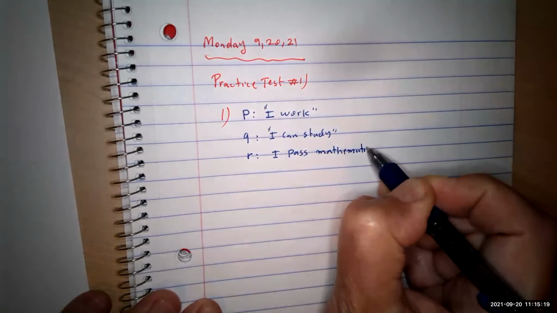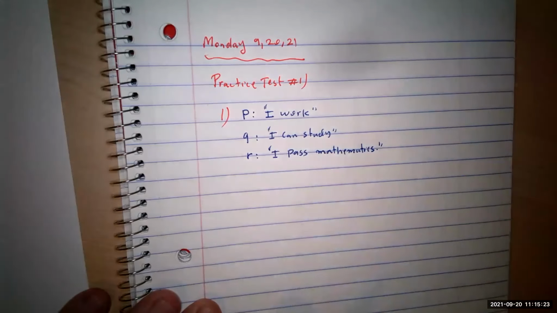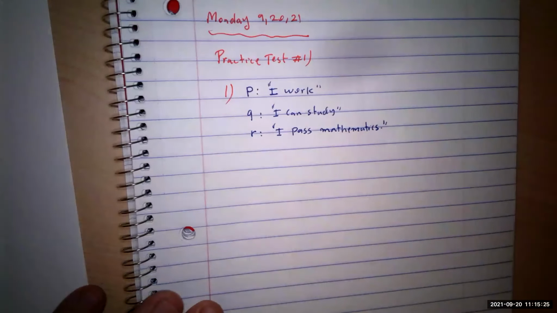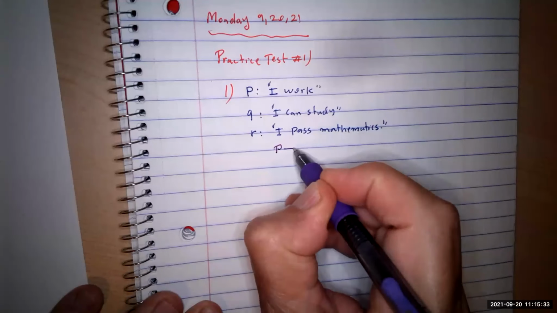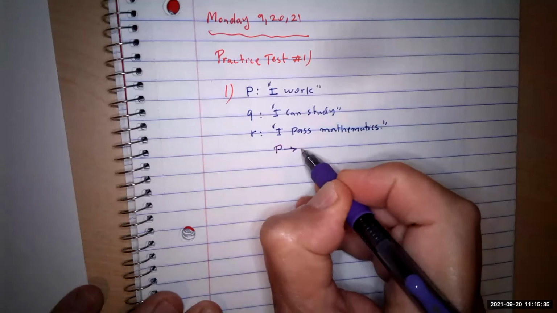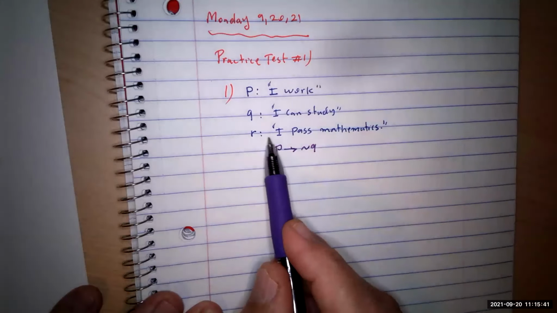You can identify it right on that question that you have. Now you put them together. So the line of the argument is going to be the first part. If I work, I cannot study. So it's going to be if P implies not Q. The second part is either I study or I pass math.